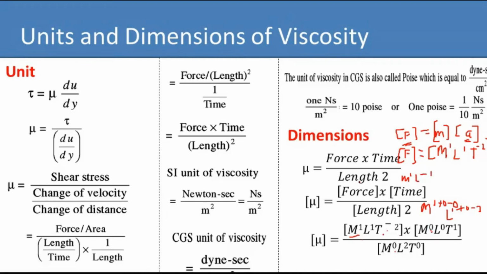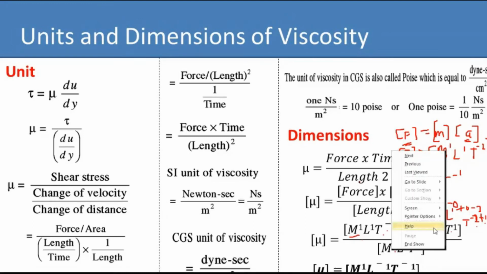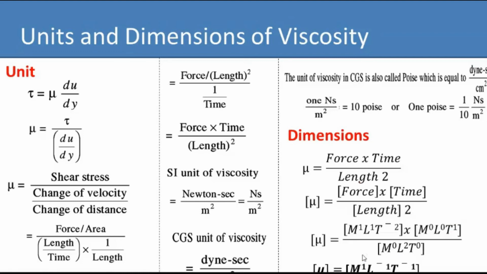Then about the time, it is T to the power minus 2, then here minus 2, then here plus 1 and minus 0. So minus 2 plus 1, so here T to the power minus 1. So the dimensions are M to the power 1, L to the power minus 1, T to the power minus 1. Okay, remember this dimension, they are going to be required in unit number 6.